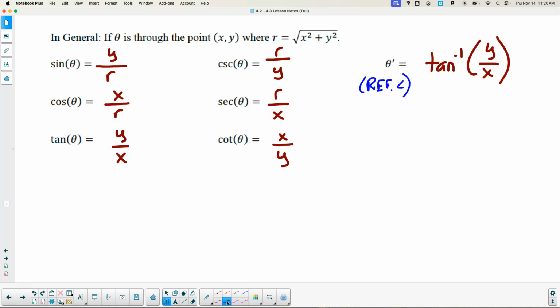Now that we're just giving you a point, there is one condition for the reference angle: you drop any negative signs, so you're only dealing with quadrant 1 tangents. Very useful slide for you.